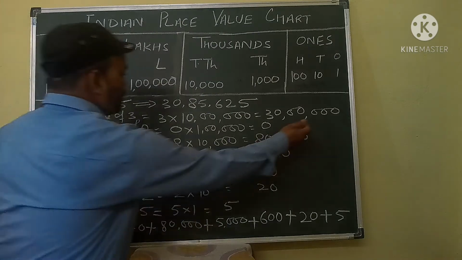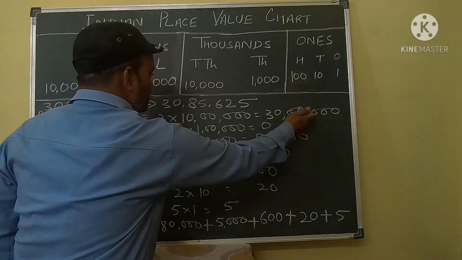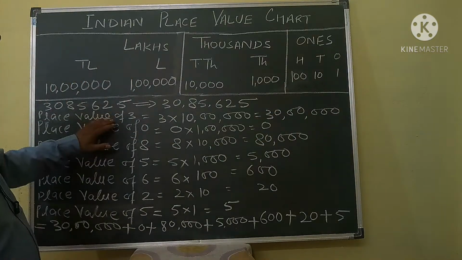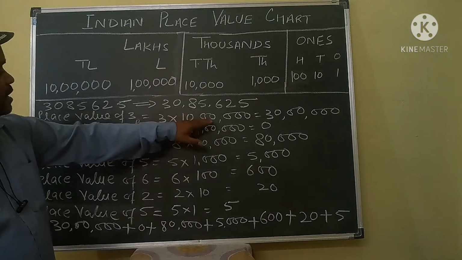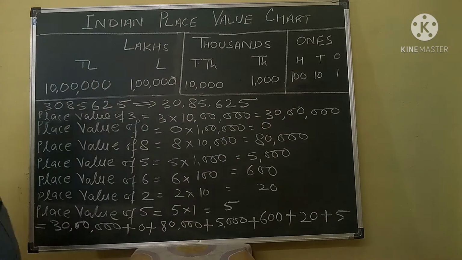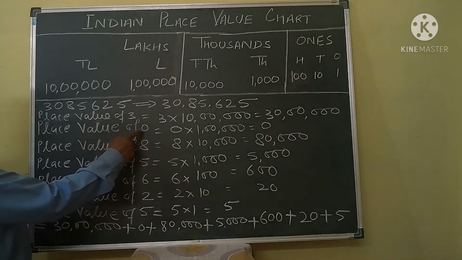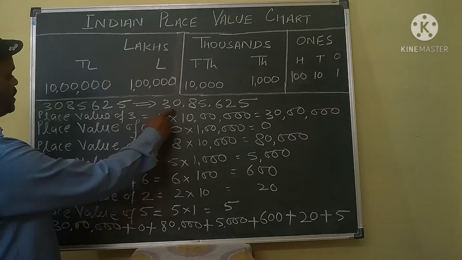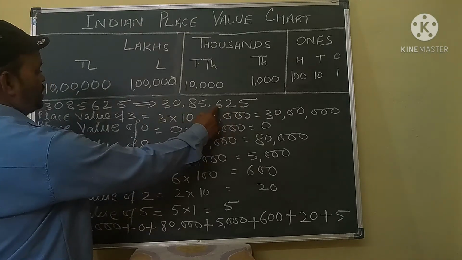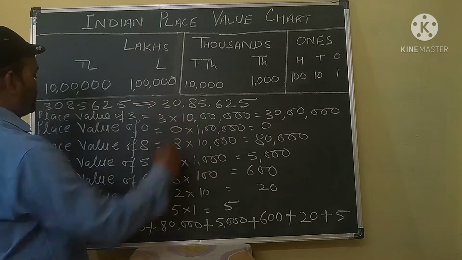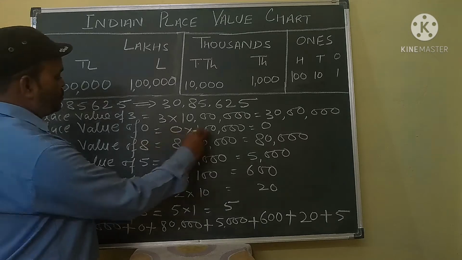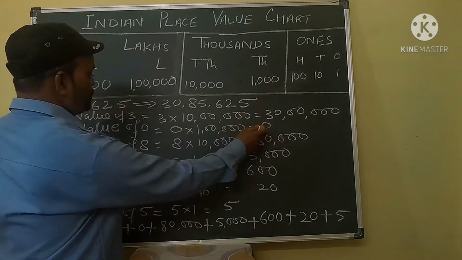Now the place value of 0. 0 is in lakh place, so the place value of 0 is 0 into 1 lakh, which is equal to 0.